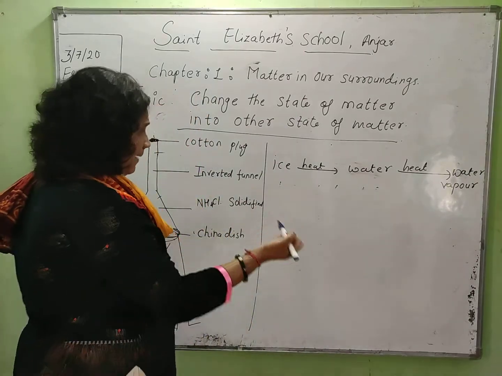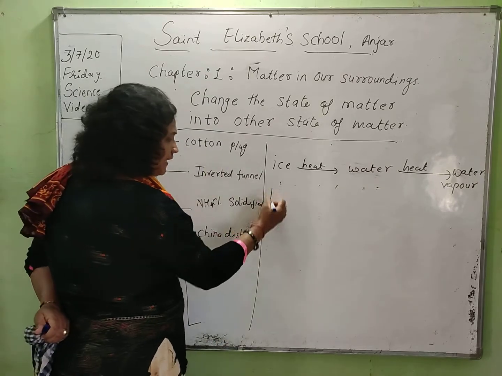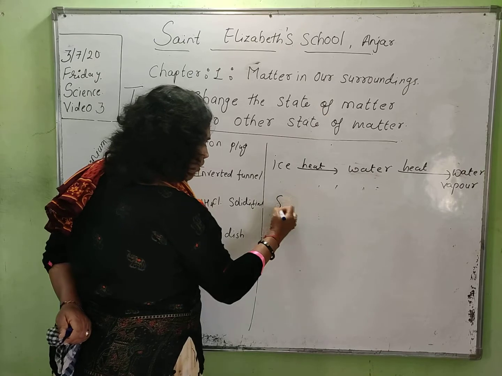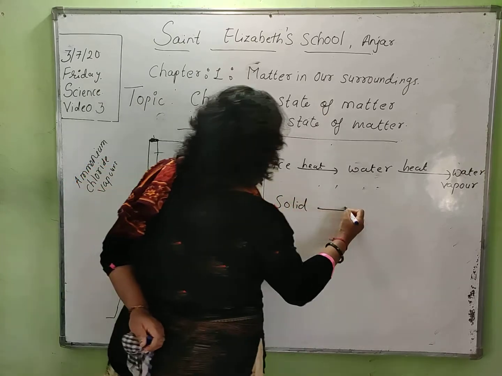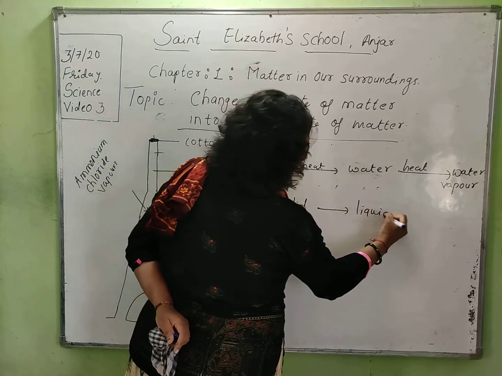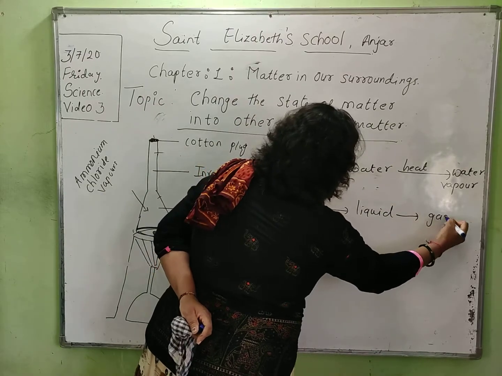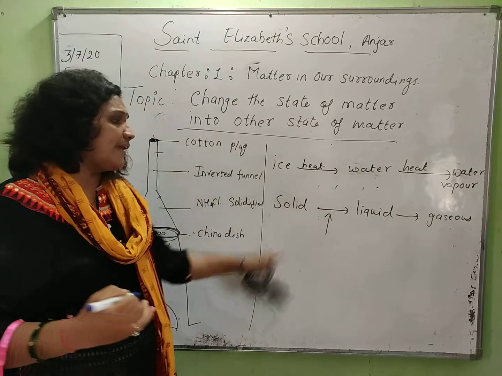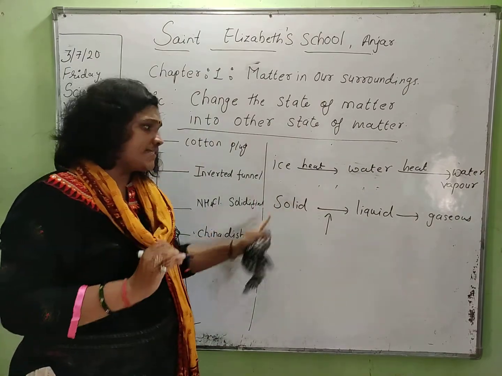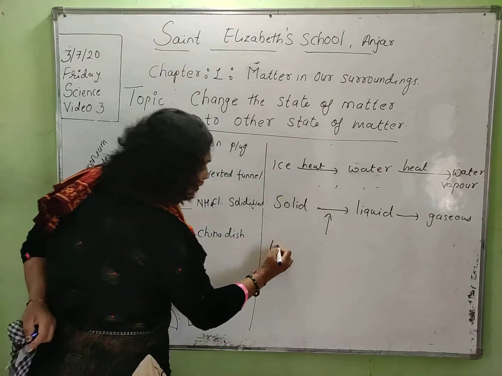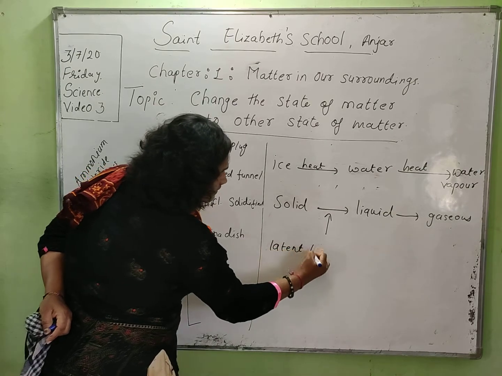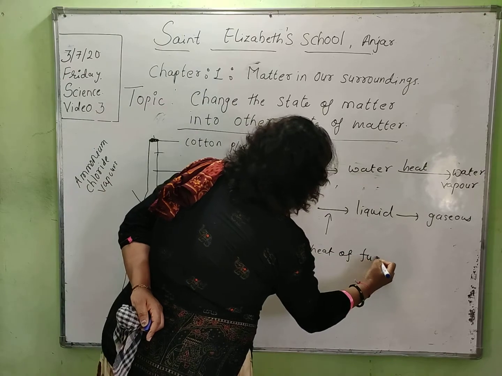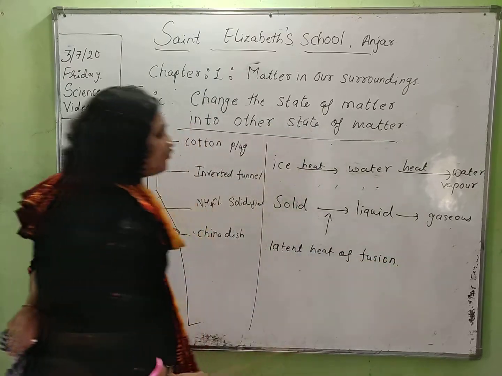So again we recapitulate the latent heat. Solid turns into liquid and liquid turns into the gaseous form. The heat which is absorbed by the solid particles to convert solid into liquid is known as latent heat of fusion, because this process is known as fusion.